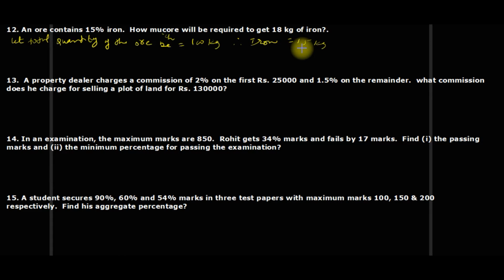So in simple terms, 15 kg of iron requires 100 kg of ore, so 18 kg will require 100 upon 15 multiplied by 18. Right? So 3 fives are 15, 3 sixes are 18, 5 ones are 5, 5 fours are 20, 6 twos are 12, 120 kg.